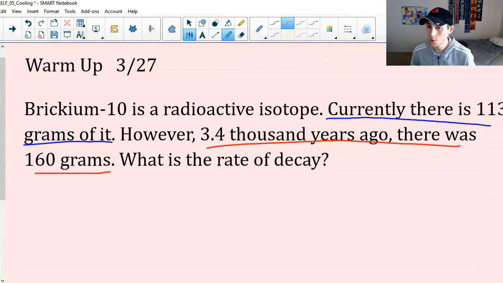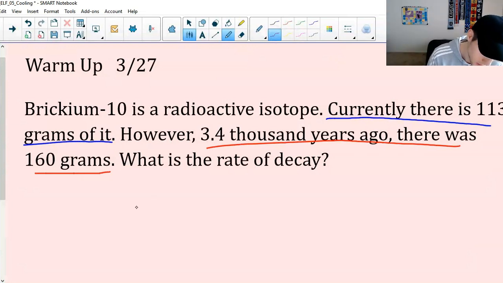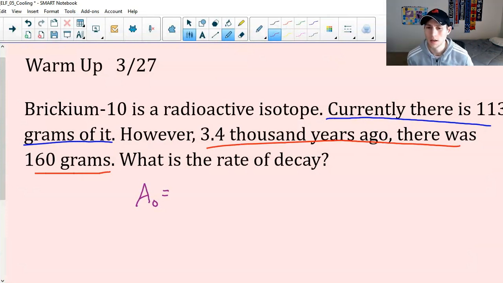Sometimes people get confused about which one to use as your A0. Technically, we could do the equation either way, but depending on which one we choose, we'd have to make some small changes throughout.